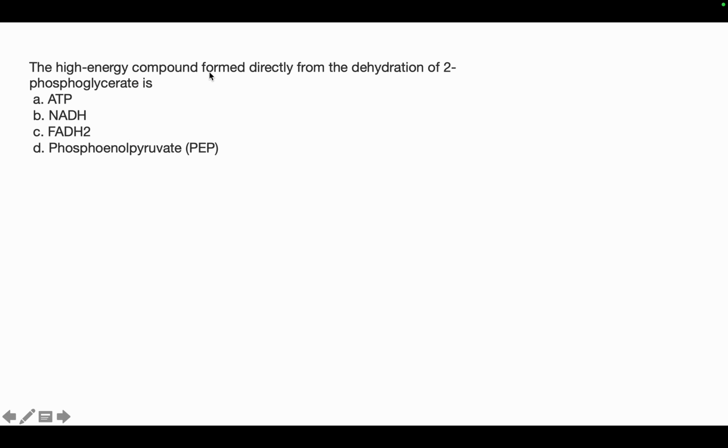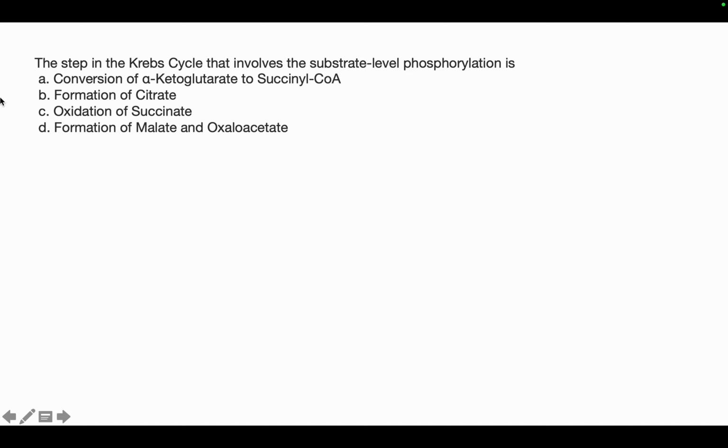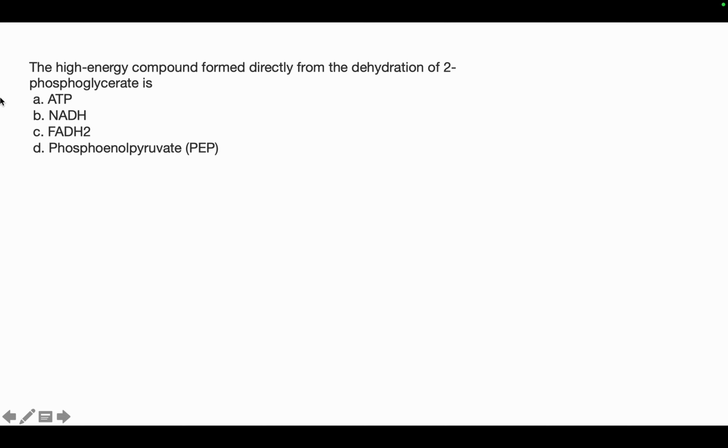The high energy compound formed directly from dehydration of 2-phosphoglycerate is... So from 2-phosphoglycerate, we get PEP, phosphoenol pyruvate, okay.